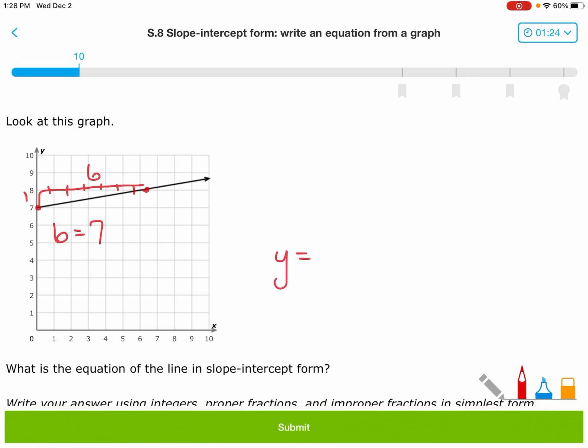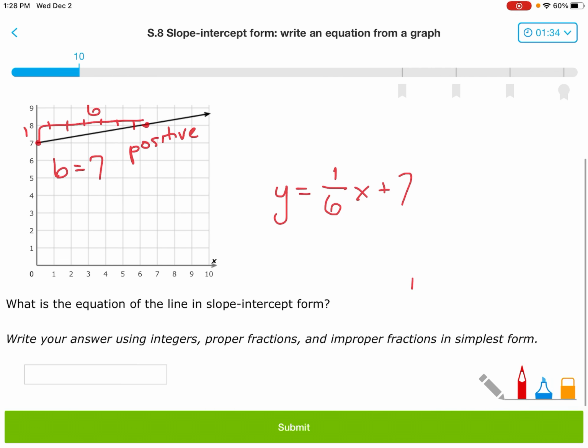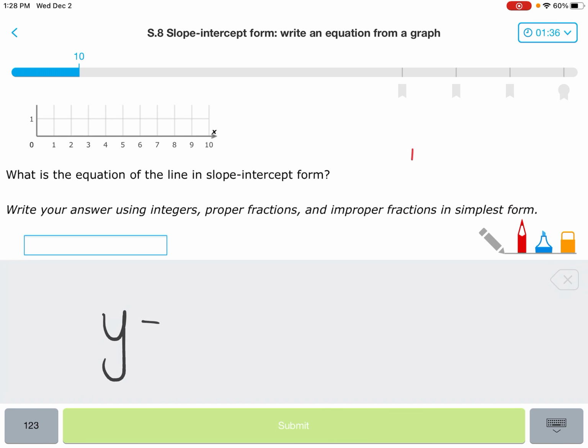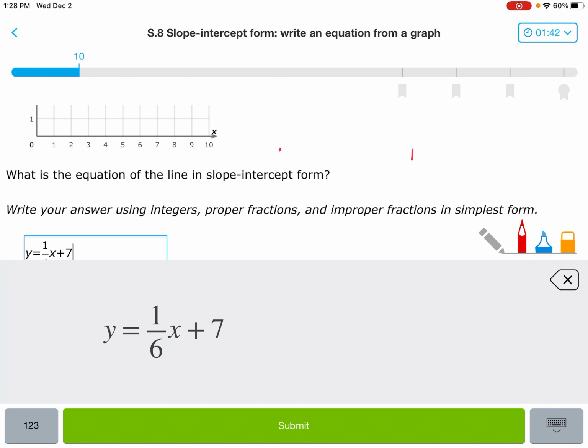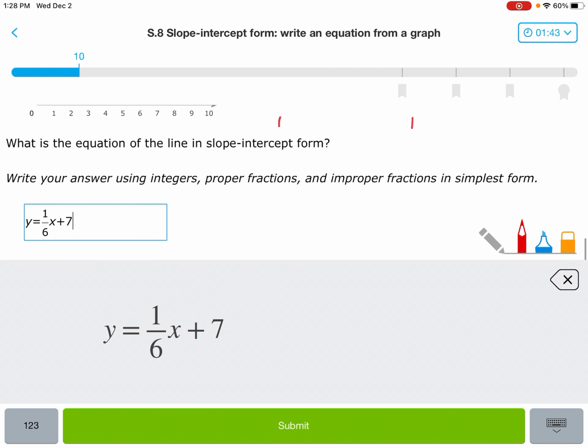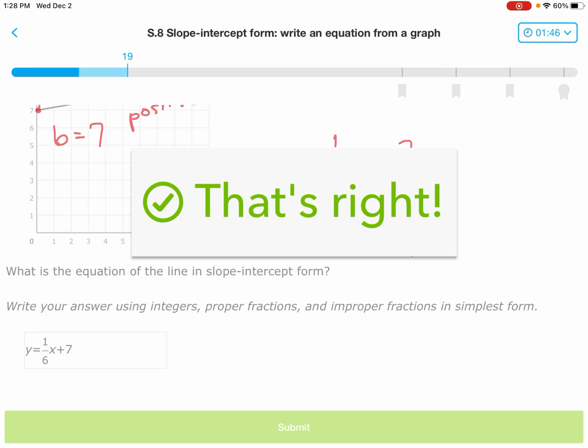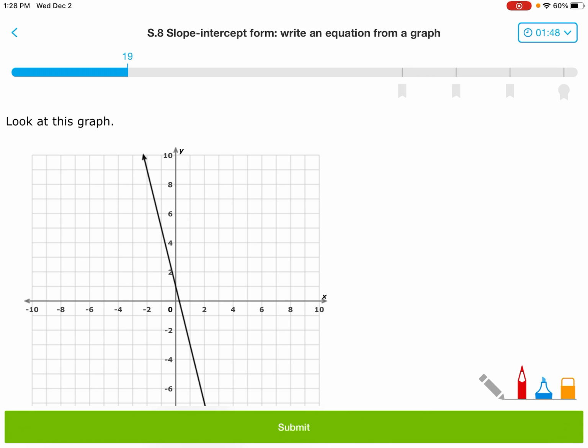So y equals 1/6x plus 7. And I know my slope is positive because my line is increasing. So we have to type that in here. Okay, 1/6x plus 7. Yep, all right. Submit. All of these are going to be the same concept.